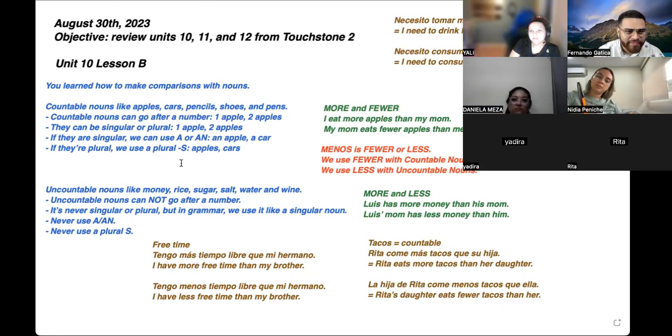Eso me confunde porque fewer lo relaciono con a few, como si dices I buy a few, no sé, X. Y me confunde.